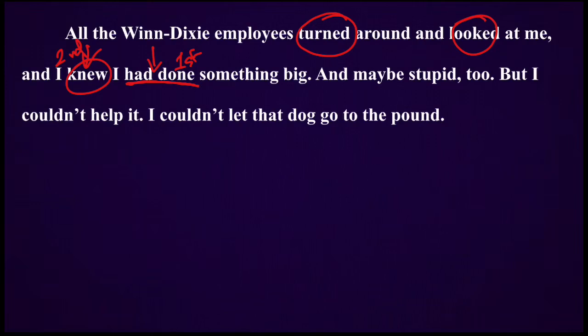She had done something big and maybe stupid too, but I couldn't help it. So here we have past ability. So she didn't have the ability to stop it from happening. I couldn't let that dog go to the pound, so she didn't have the ability to do this. "Here, boy," I said. So I said, past simple. "Here, boy," she's calling the dog to her.